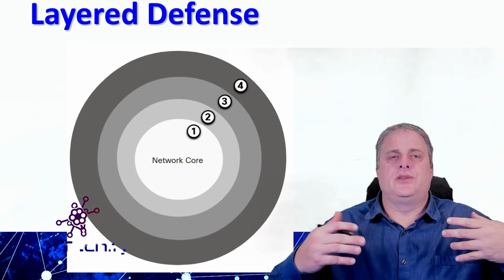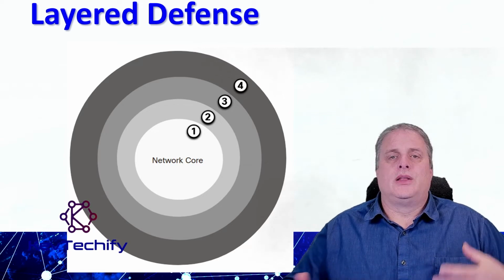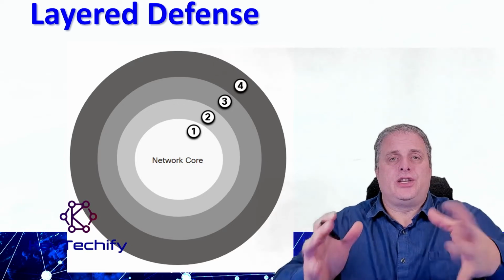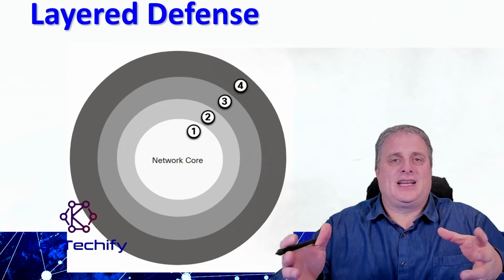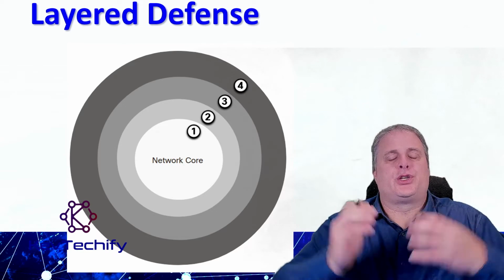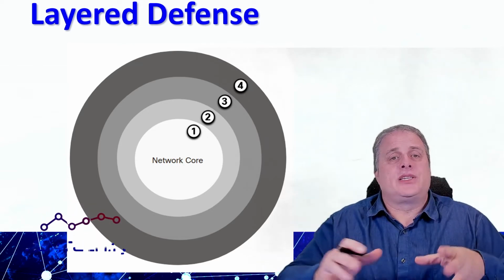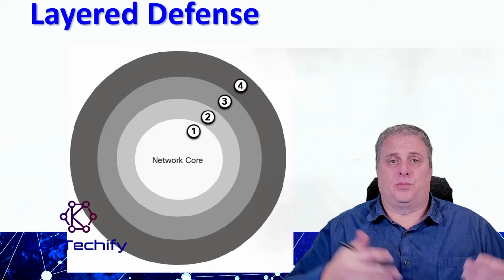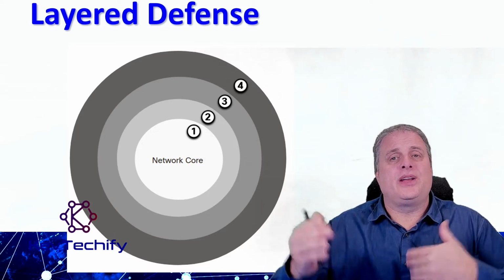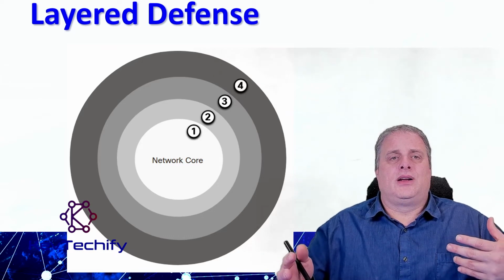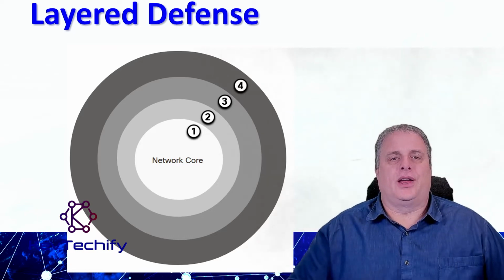Layered defense uses different types of firewalls that are combined in layers to add depth to the security of your organization. We take different concepts, different firewalls, and combine them together to give you an even stronger defense. Policies can be enforced between the layers and inside of the layers. Here we have an example of 4 layers.